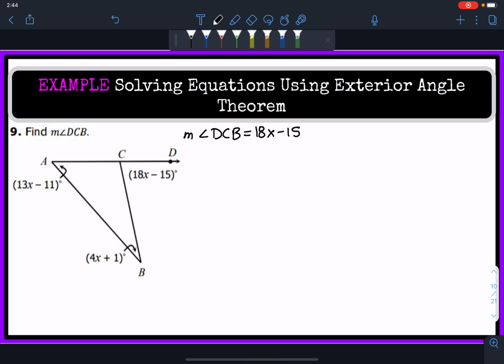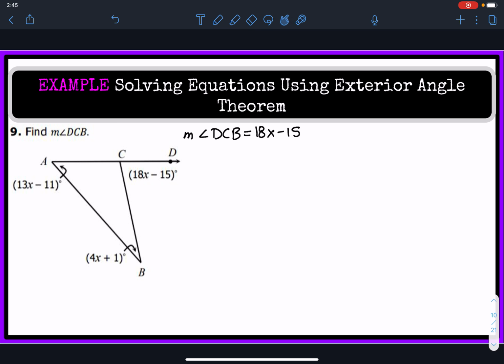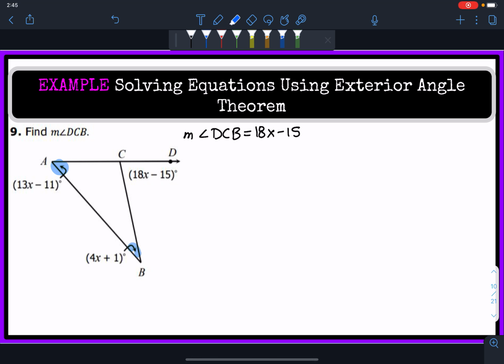Well, again, just like before, we can't figure out what this is equal to unless we know what the value of x is. So using the exterior angle theorem, we're going to figure out what the measurement is by, again, adding the two interior angles. So here are two interior angles, angle A and angle B. And the exterior angle is, again, that DCB, this outside angle.